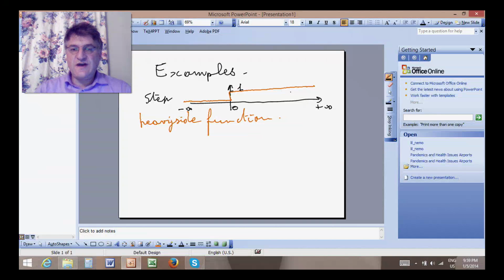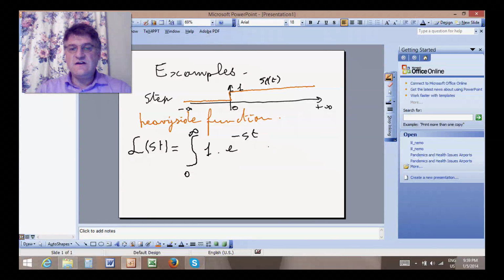We call the step s of t, maybe st of t, to distinguish it from the variable s, and we get that the Laplace transform of st is equal to the integral from 0 to infinity of the value of the step function there, which is 1, times e to the minus st dt.